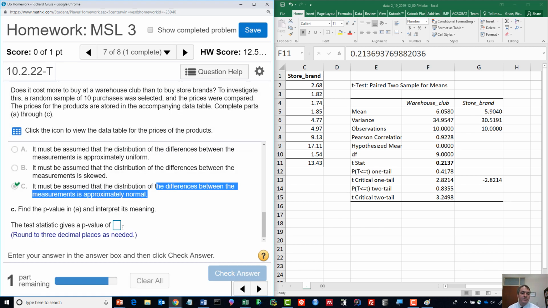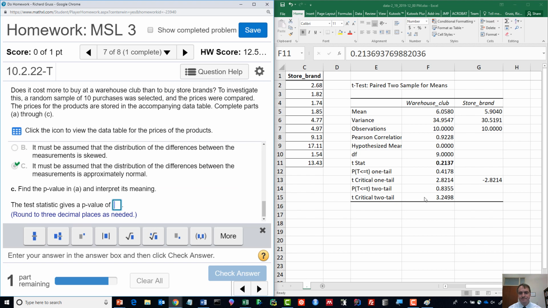Now find the p-value. Once again, we can get our p-value from this output that Excel gave us. Remember that we are doing a one-tail test. This says the p for one-tail, that the t statistic is less than or equal to a certain value.